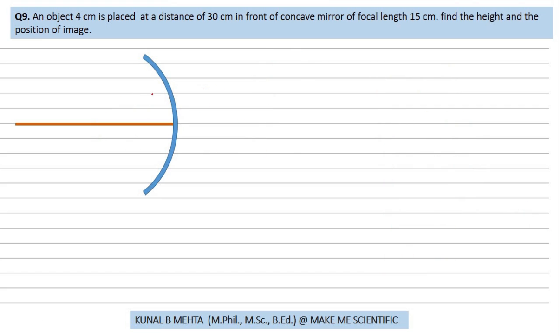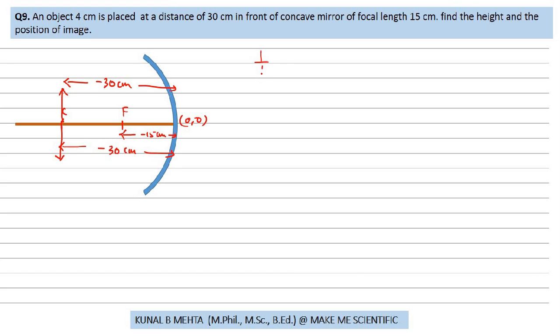Question number 9. The object height is given, distance of the object is given, focal length is 15 centimeters, and of course this is a concave mirror, so this is minus 15 centimeters. Now the center of curvature doubles, so minus 30 centimeters, and the object is placed at C, because the object is kept at a distance of 30 centimeters. So again, as per our ray diagram method, we know that the image should be formed at C, so image distance should also be negative 30.